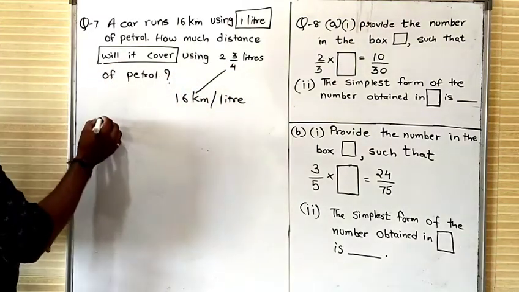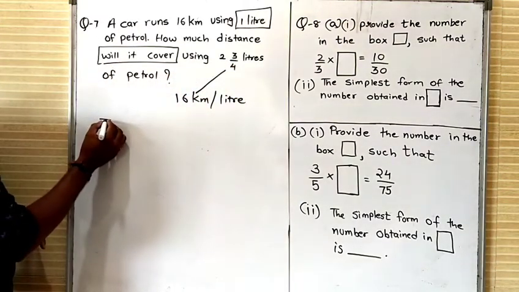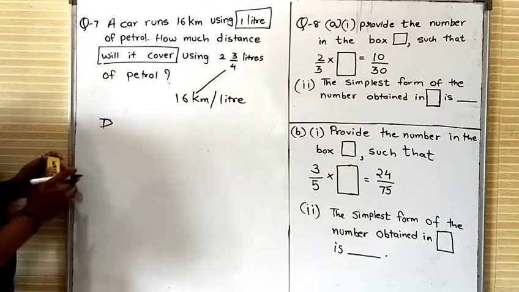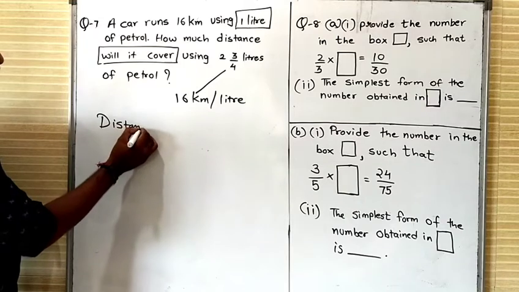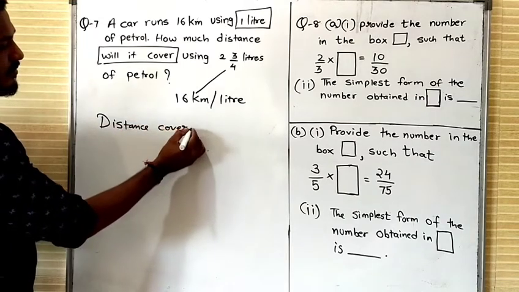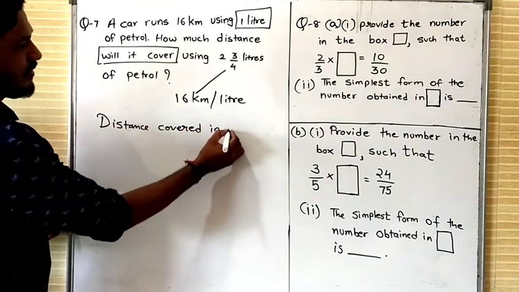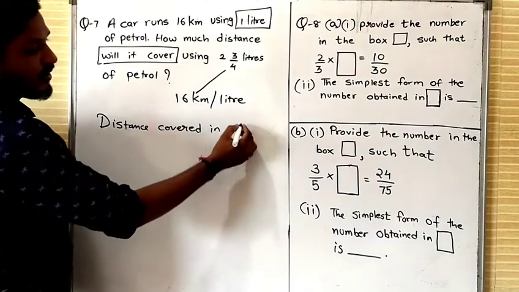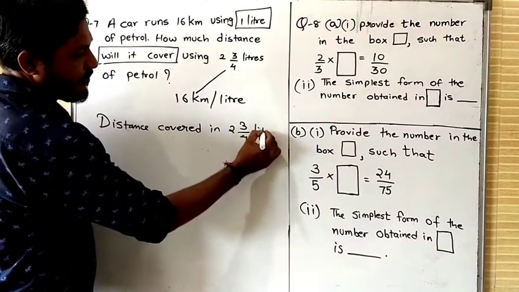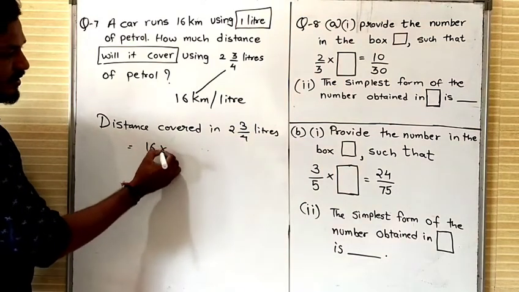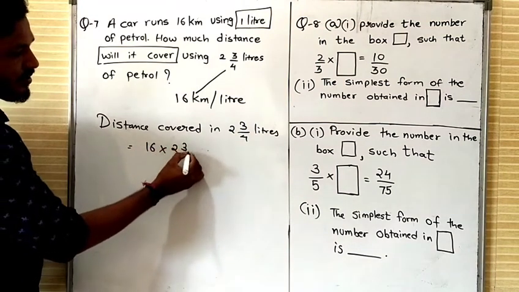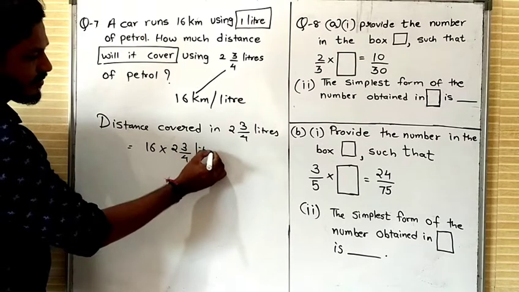So write down, therefore, distance covered in 2 integer 3/4 liters of petrol. That is very simple, 16 multiplied by 2 integer 3/4 liters of petrol.